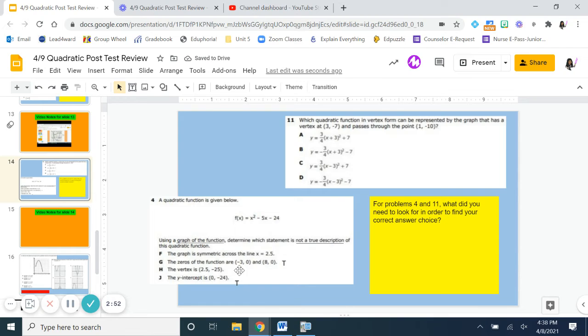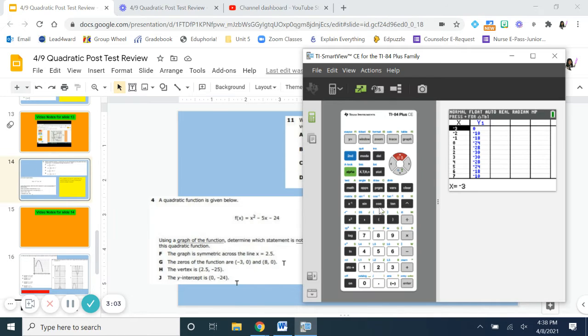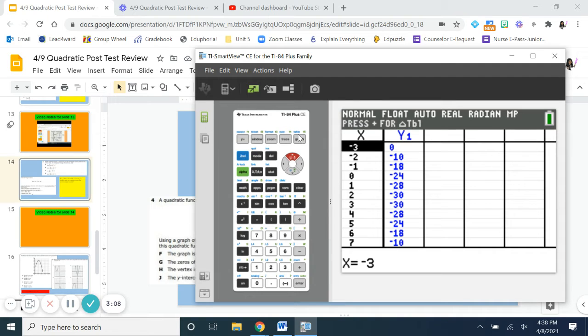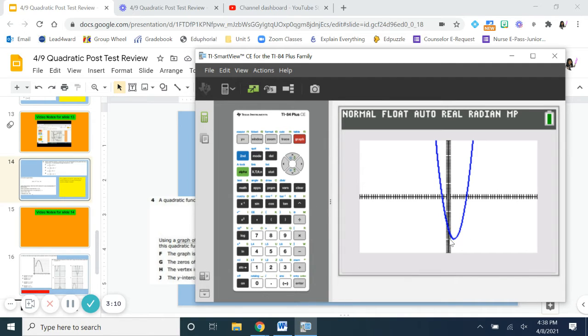The next one has to do with the graph being symmetric when x is 2.5 and the vertex being at (2.5, negative 25). So if I look at my calculator here, I'll make this just a little bit bigger. My vertex, when I looked at the graph, is the lowest point in the graph. So my graph is going down, decreasing, decreasing, decreasing. It has a point here, and then it starts to increase again. So that's the pattern I want to look for in my table.